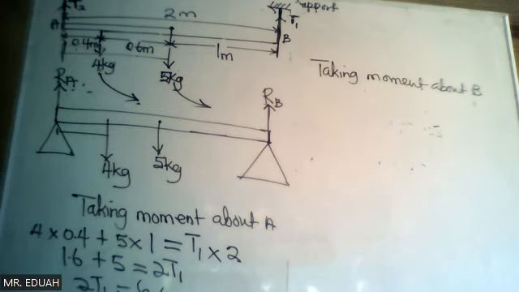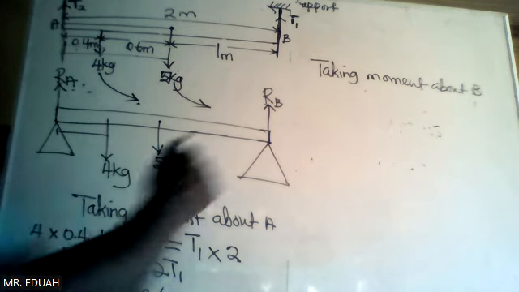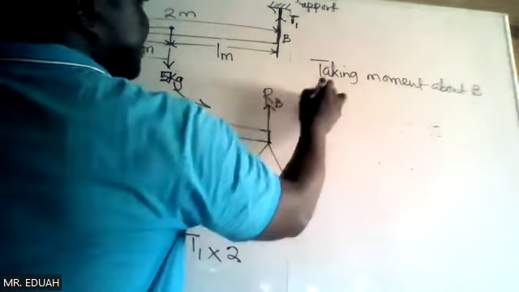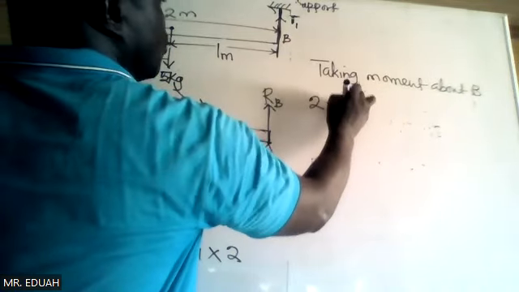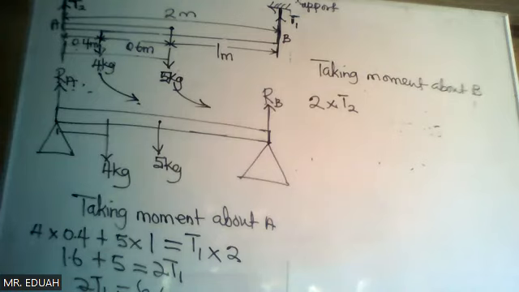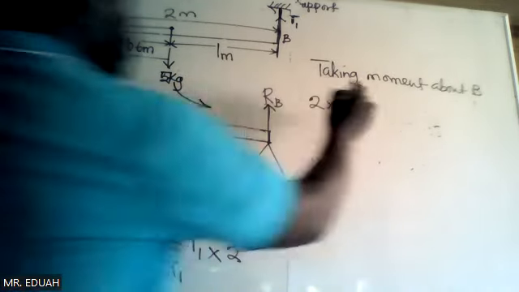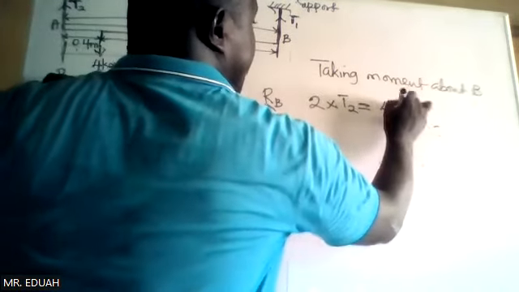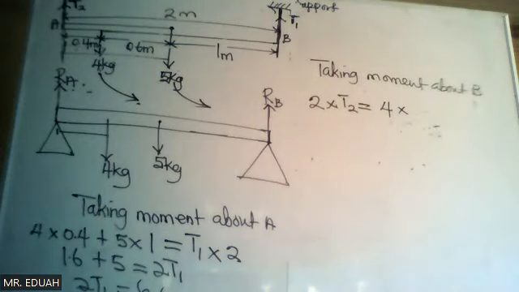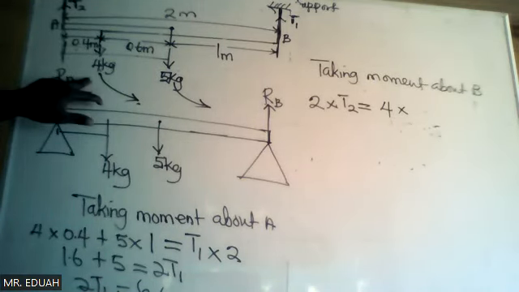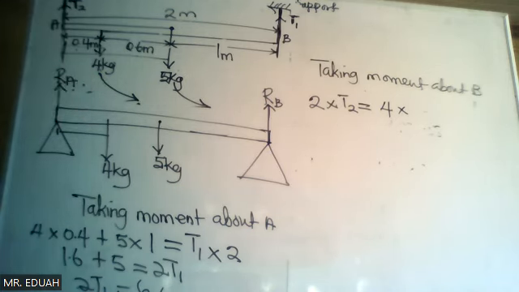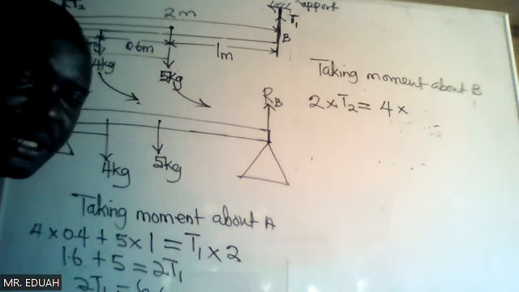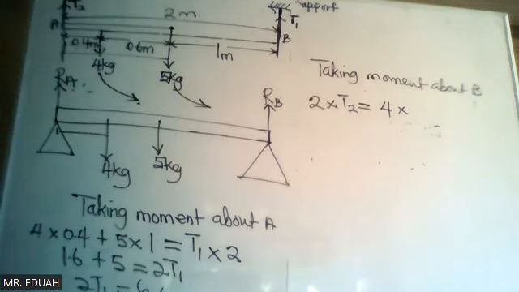So we have 2 anti-clockwise moments as against 1 clockwise moment. So we have 2 times T2 to be equal to 4 times what? 1.6.